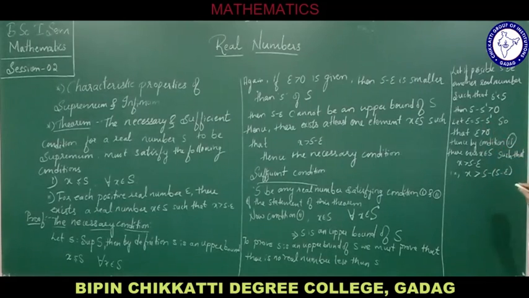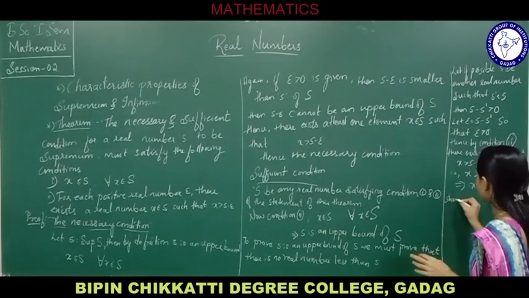Then what is going to happen? This implies x is greater than s dash. What we got is x greater than s dash. If it is greater than s dash, it shows that s dash is not an upper bound of S.